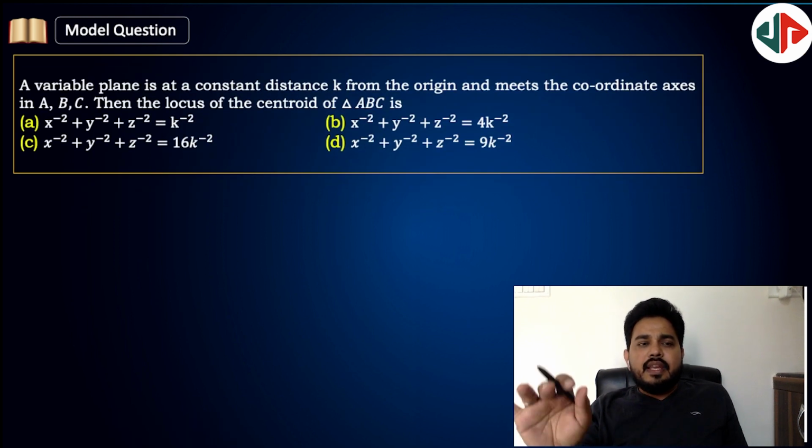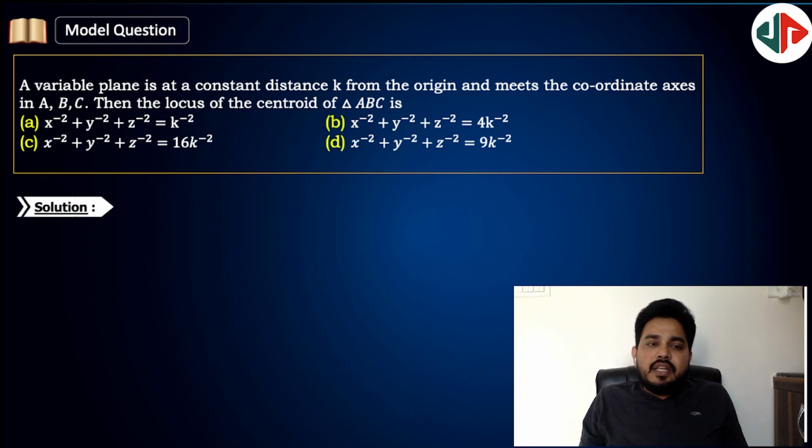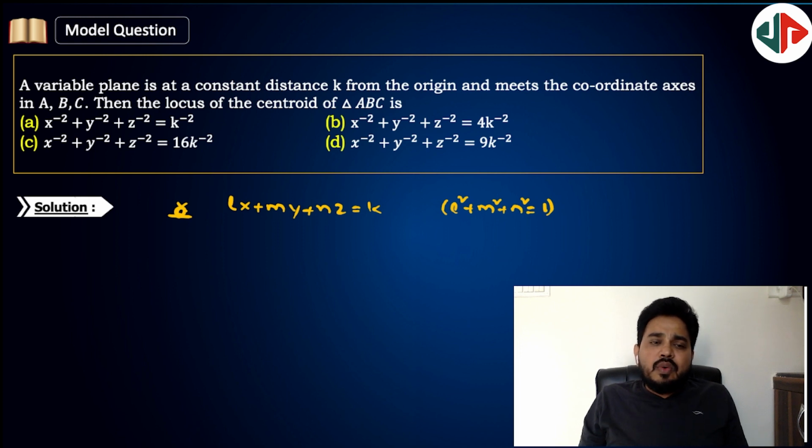Next question is, a variable plane is at a constant distance of k from the origin. So whenever such type of things are there, it is better to go ahead with Lx plus My plus Nz is equal to k, where L square plus M square plus N square is equal to 1, directional cosines. It meets the coordinate axes.